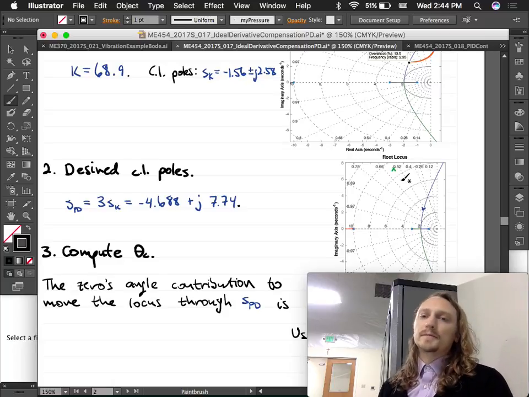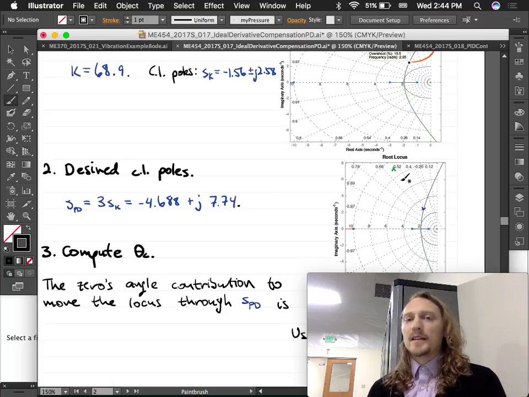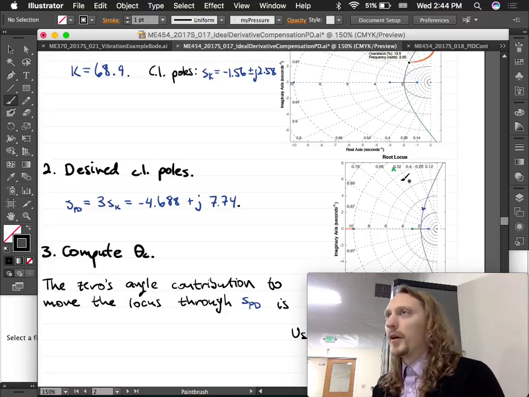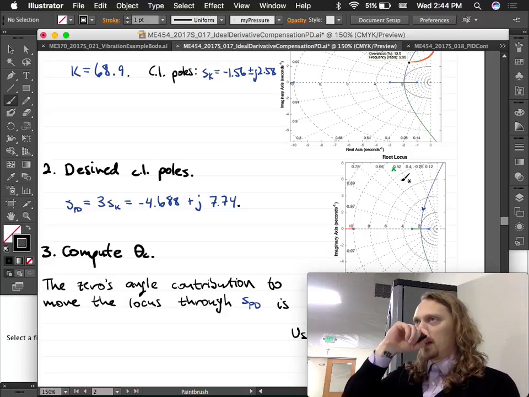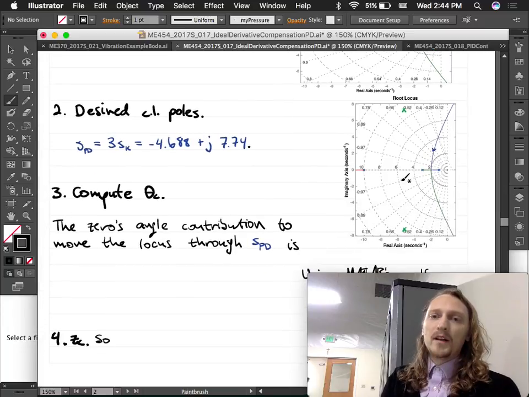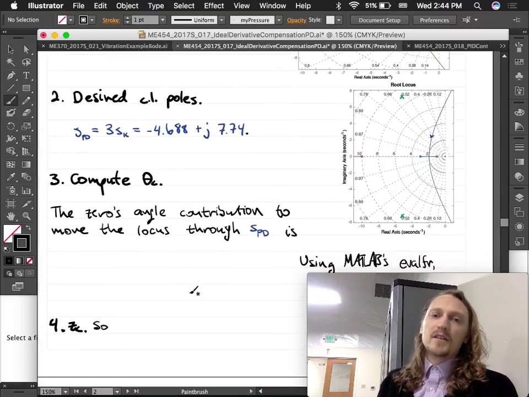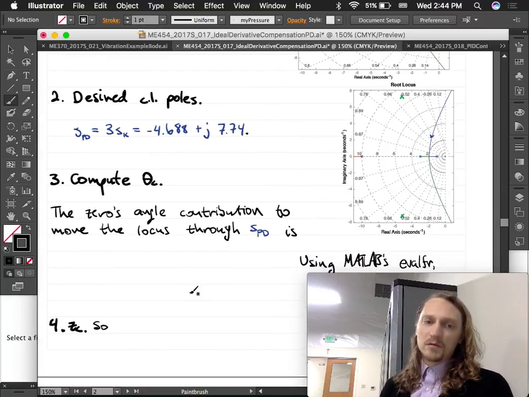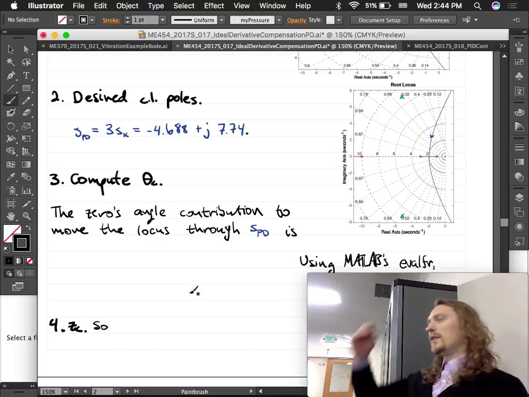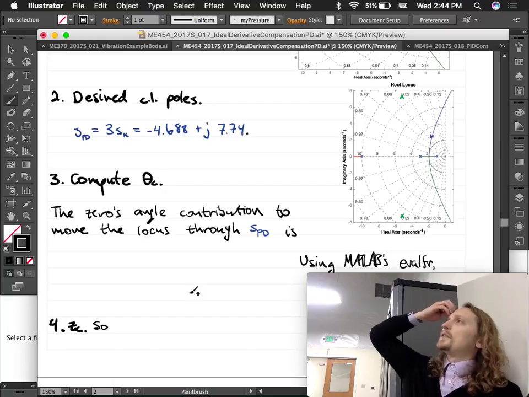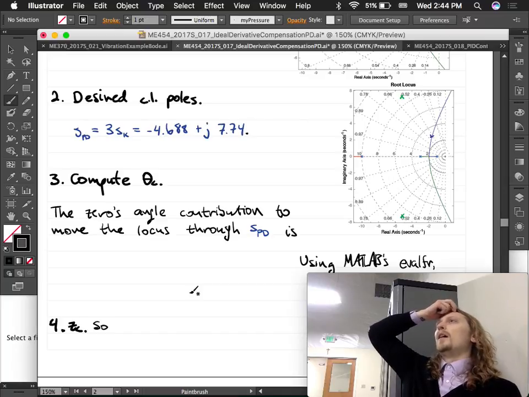Now, here's the most difficult part of the problem, in my opinion. That is computing what this angle is. So the zero's angle contribution to move the root locus through S_PD is, and this formula that I'm giving you, I didn't have time to verify. I can't recall if this formula has to be changed by 180 degrees depending on the quadrant you're in.